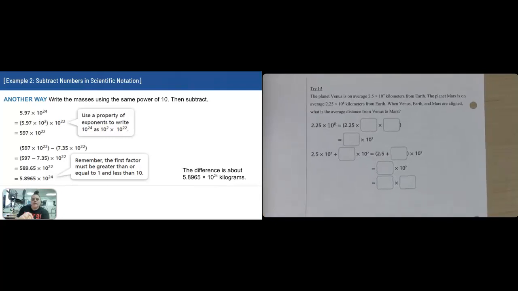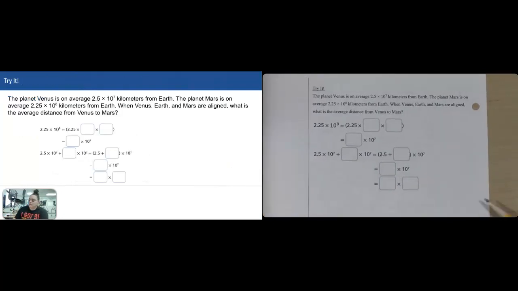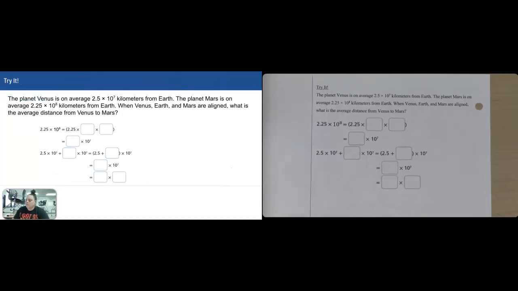On the back side is a problem for you to try. The planet Venus is on average 2.5 times 10 to the 7th kilometers from Earth. The planet Mars is on average 2.25 times 10 to the 8th kilometers from Earth. When Venus and Earth and Mars are aligned, what is the average distance from Venus to Mars?